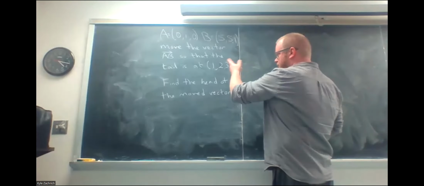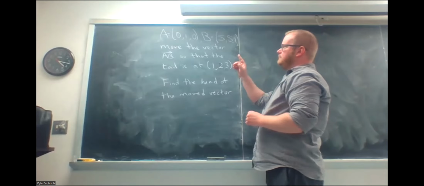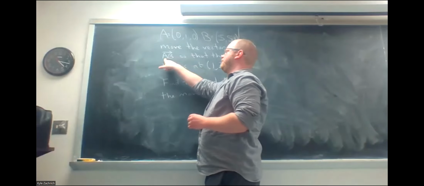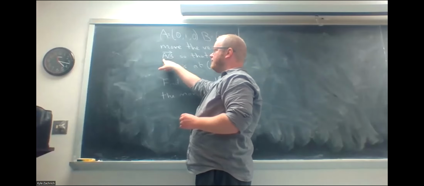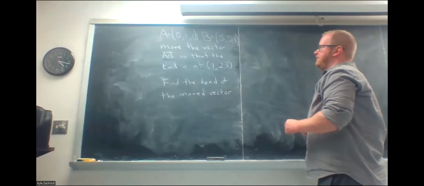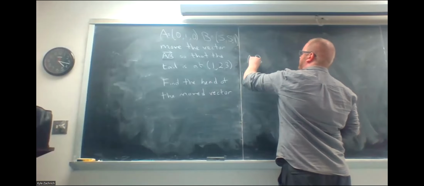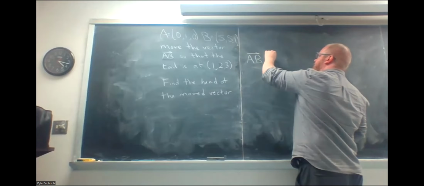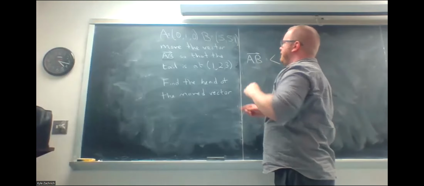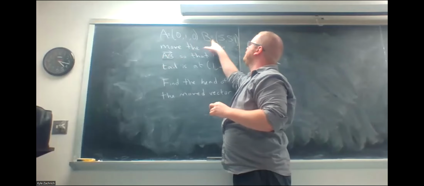So for this one here, I think a lot of you know how to find this vector AB, but you want to think about how you're making that vector. So I'm going to draw this line here. Let's see, you've got the vector AB. So a lot of you know you take the tip minus tail on here, right?